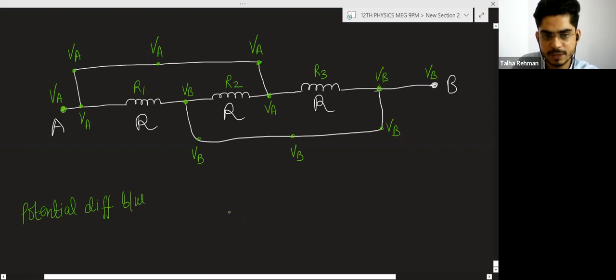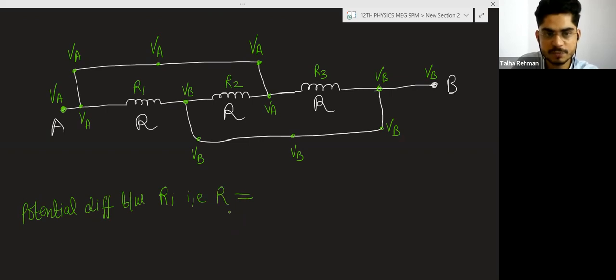Potential difference across R1, that is R, is equal to what? VA. Here also the potential will be VA, because there is no resistance in the path. So VA minus VB.